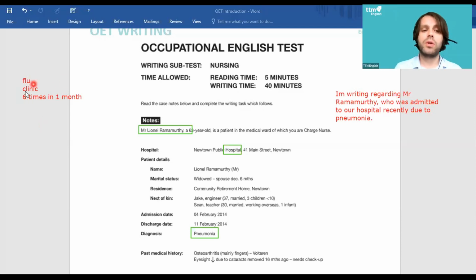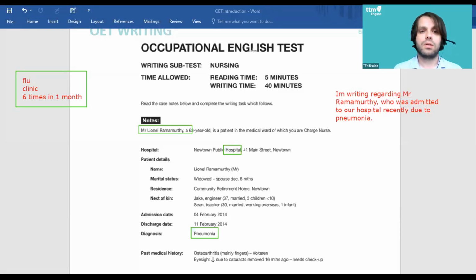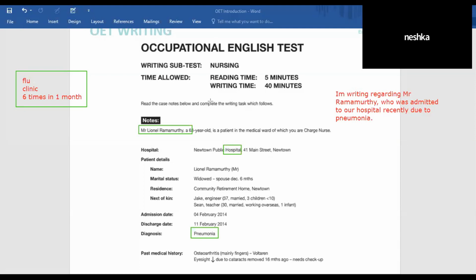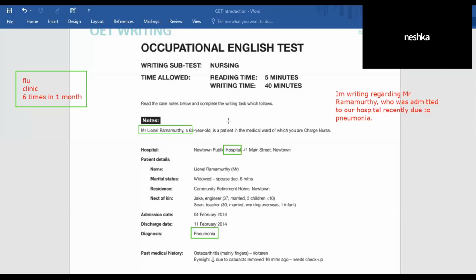Anyone else want to try this one, a bit more difficult? Maybe I'll ask Neshka. So how would you say this one here? It's a bit different details. I'm writing to refer Mr. Ramamurthy, who has visited our clinic recently.